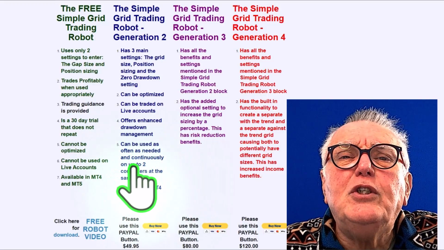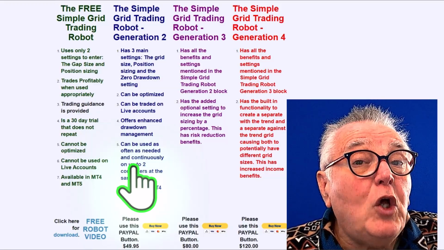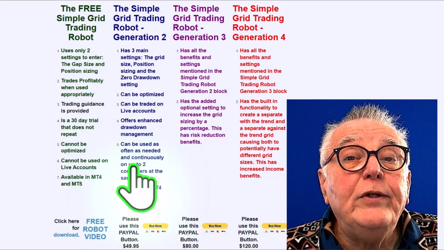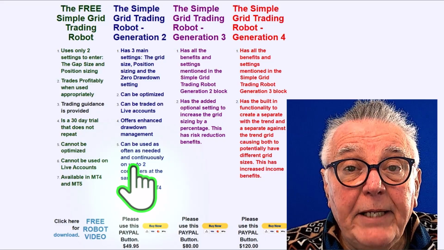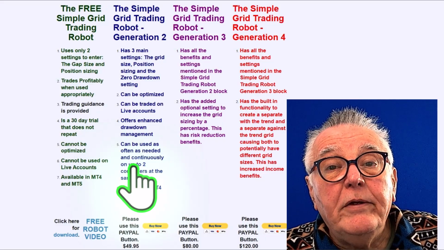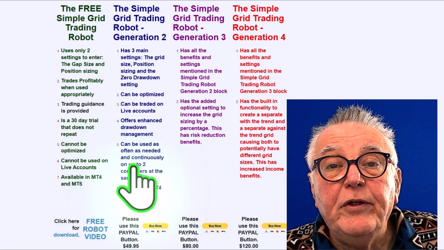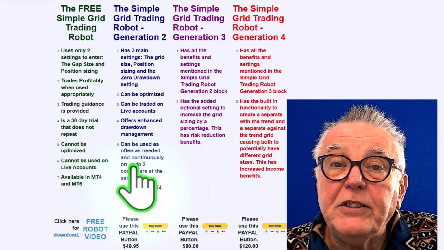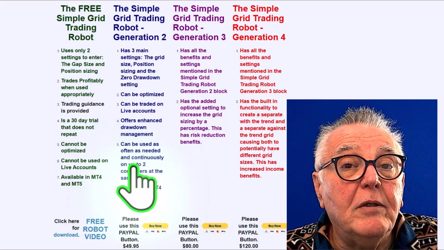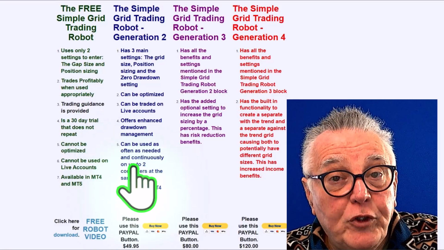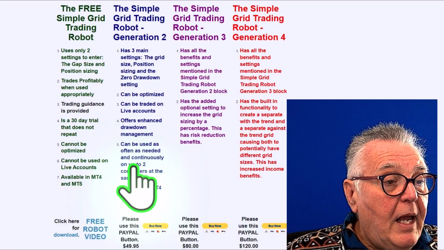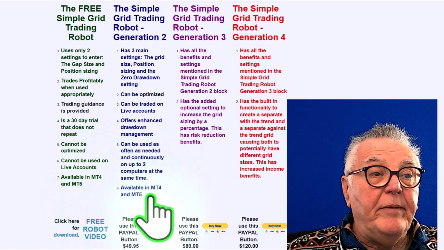You can use it 120 times as long as you don't use it on more than 2 computers at the same time. So if your one computer falls over and you have to move everything to another computer, that's okay as long as you don't use it on more than 2 computers at the same time. And it's available on MT4 and MT5.